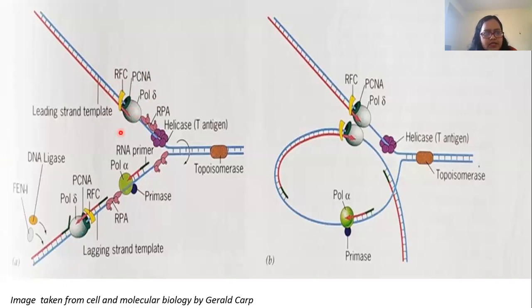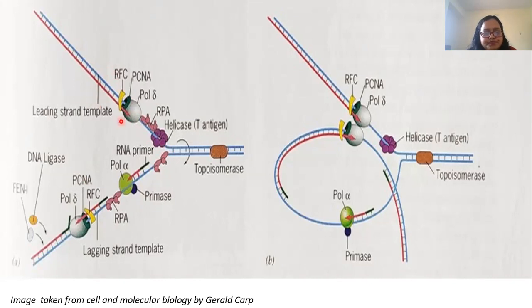Next, with the help of the main enzyme, polymerase delta, the leading strand synthesis as well as the lagging strand synthesis continues. You can also recall from the previous lectures that leading strand synthesis is towards the movement of the replication fork, while lagging strand synthesis is away from the movement of the replication fork.